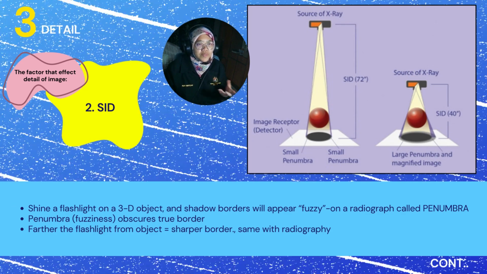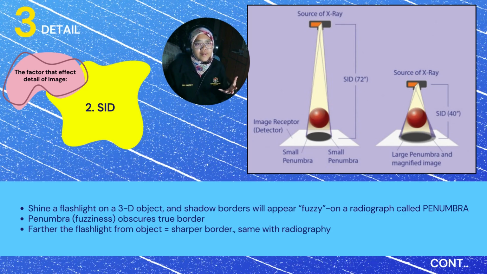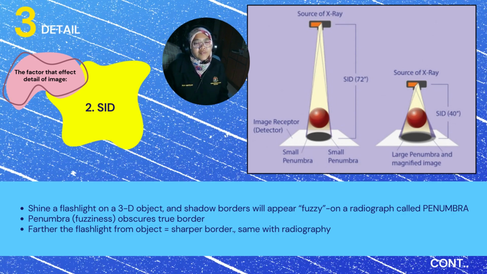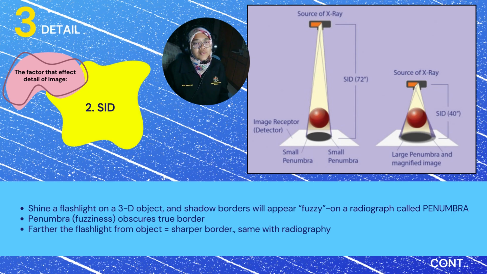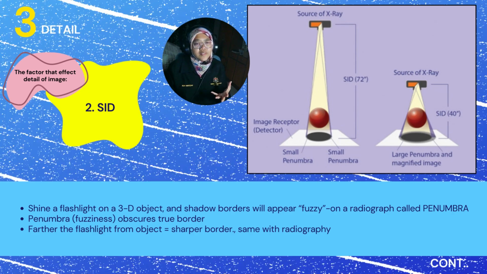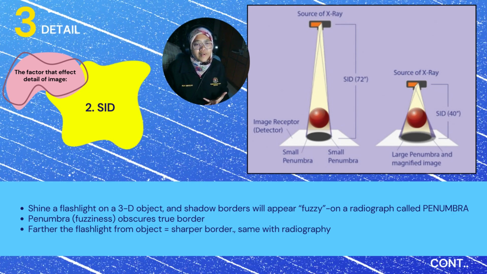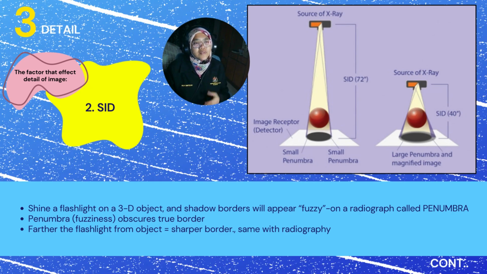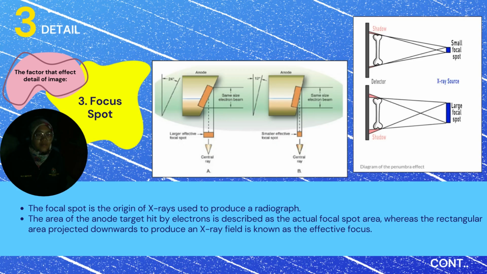SID also contributes to detail. The further the source of X-ray, the more detail of the object you get, and the nearer one gives you magnified images and a large penumbra, which is not very detailed.